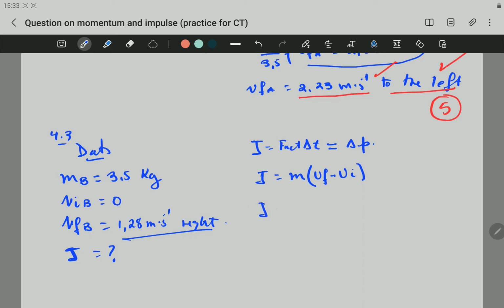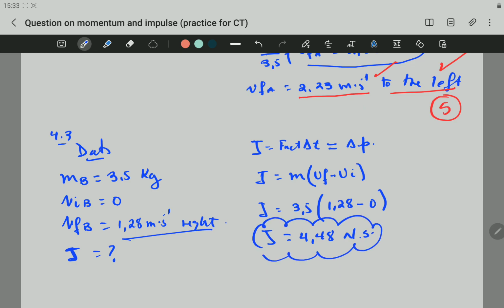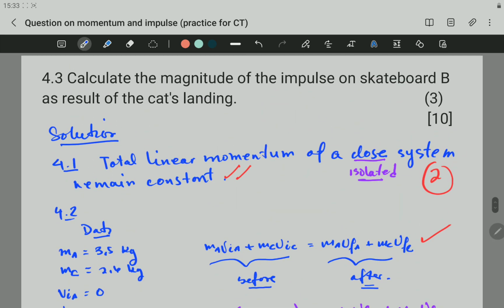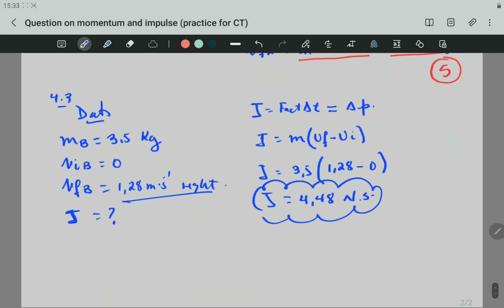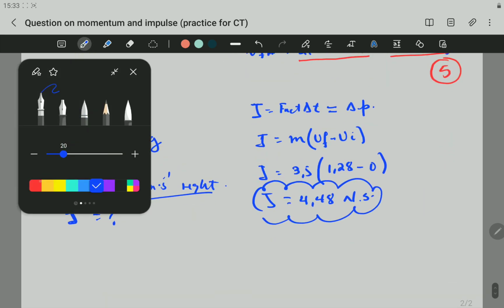And if you substitute the numbers, this is 3,5 bracket, the final velocity is 1,28, the initial is 0. When you calculate here, you get that the answer is 4,48 Newton second. That is the answer. They said the magnitude of the impulse, therefore no direction. Okay, only the magnitude. So this is the complete answer.